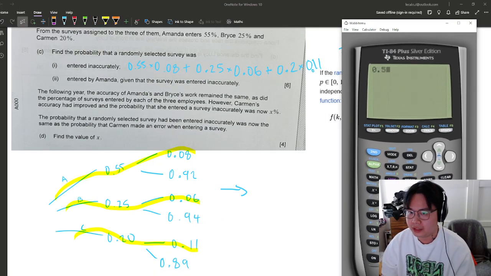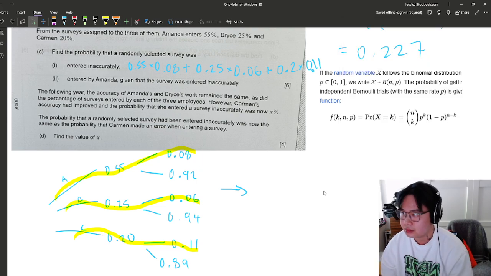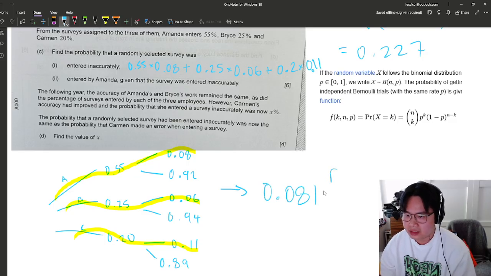Okay, 0.55 times 0.08 plus 0.25 times 0.06 plus 0.2 times 0.11. Okay, 8.1%. Right, this is the probability of being inaccurate.